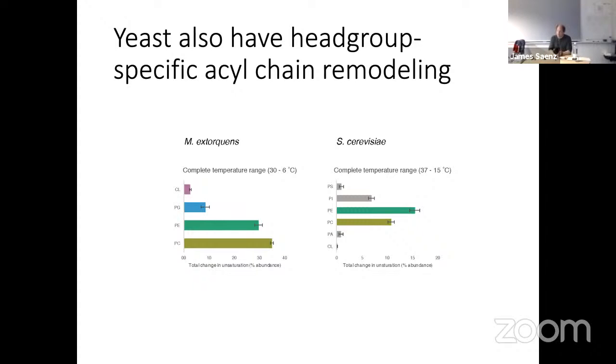Okay, but the final thing I'll tell you about, we then asked, well, okay, so what? What consequence does this have for the material properties of the membrane? Is there something significant about varying acyl chains in one head group versus another for the effect that's made on the membrane properties?